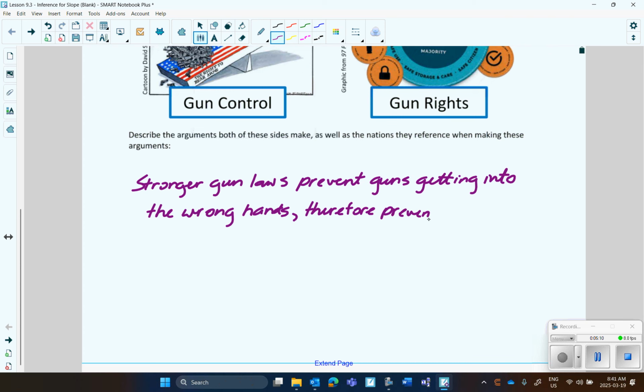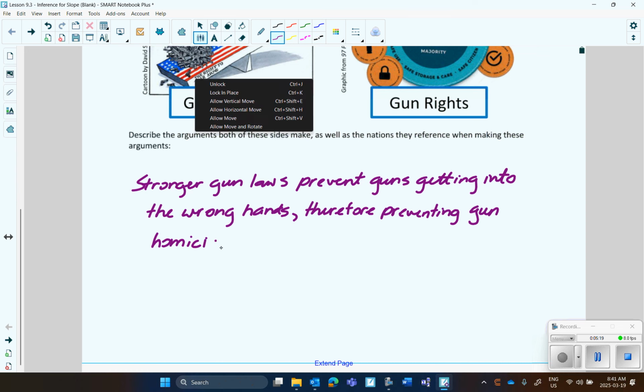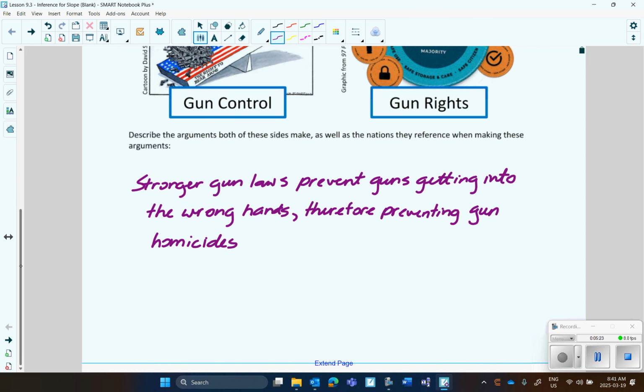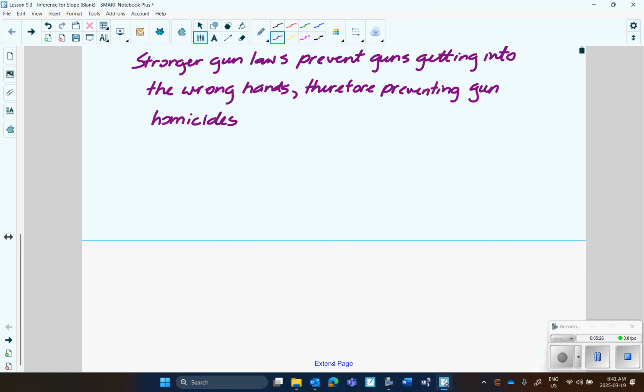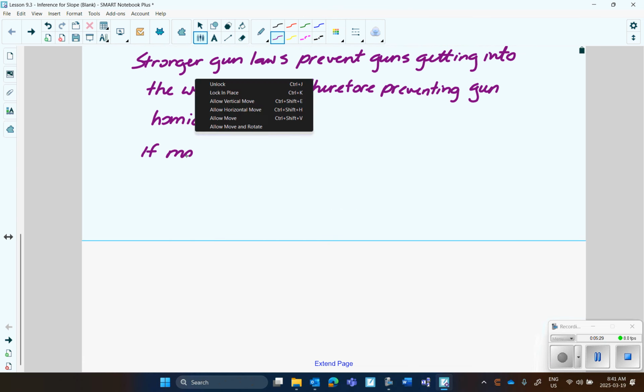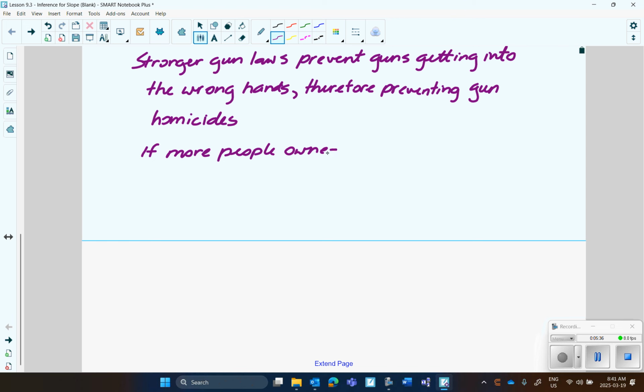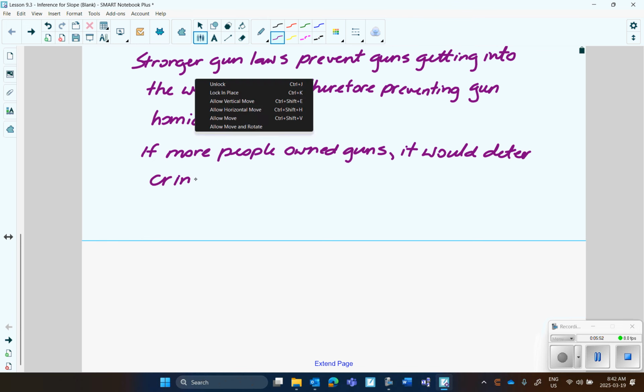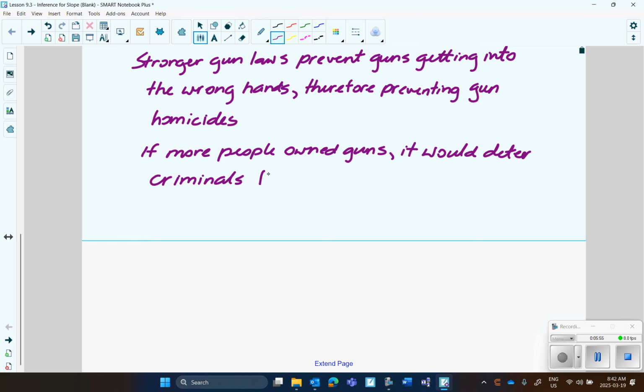And that seems to work in a lot of countries. The other argument is if more people own guns, it would deter criminals from committing gun crimes.